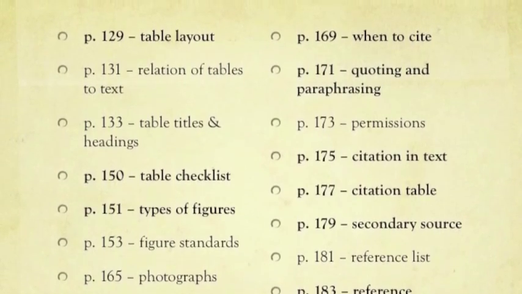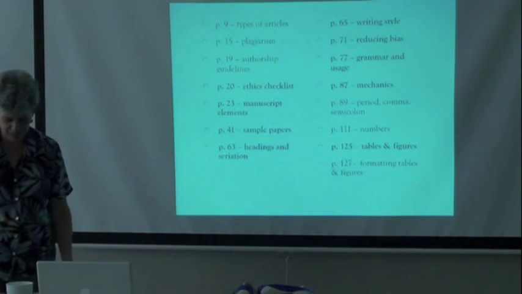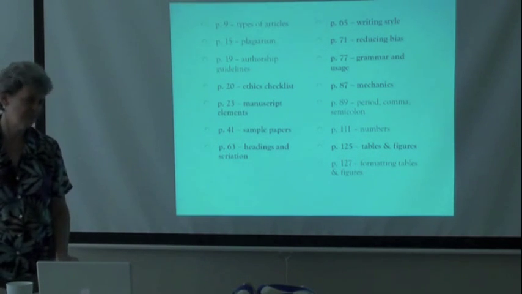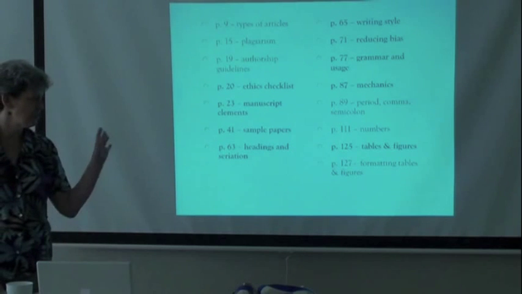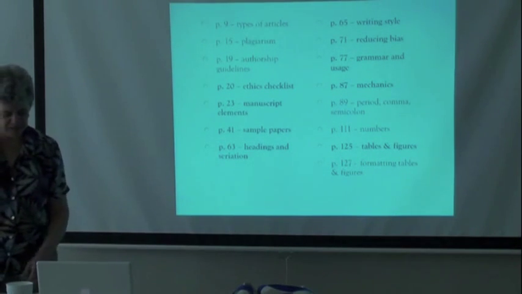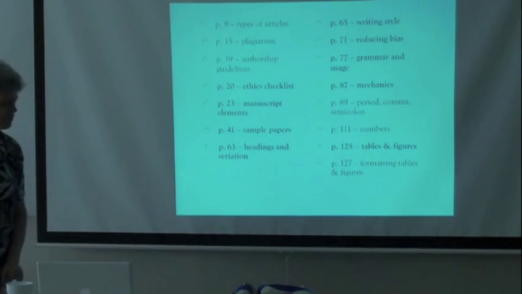Beginning on page 127 is really where the formatting is. And I would say, to me, if you just put a tab in one of those places or the other, it would probably be sufficient, don't you think? But just so you know, the explanation begins on 125. The formatting information begins on 127.